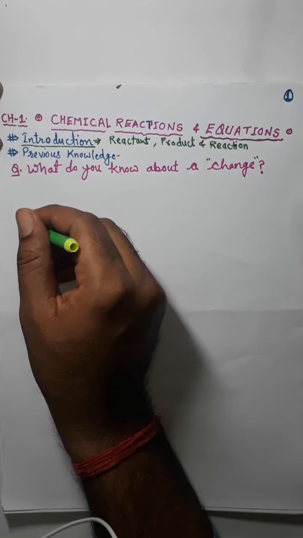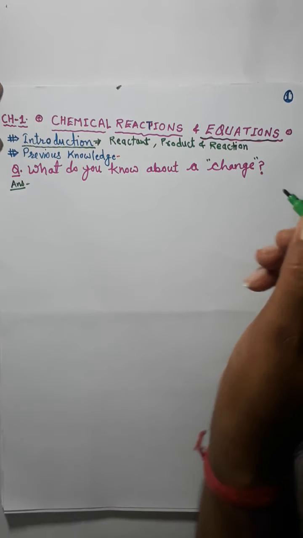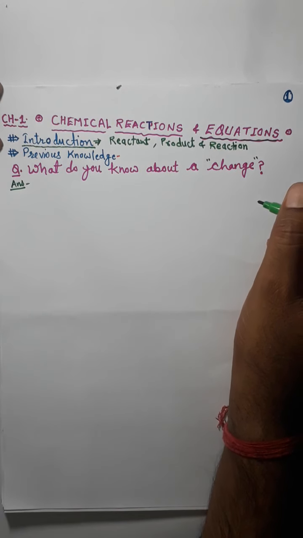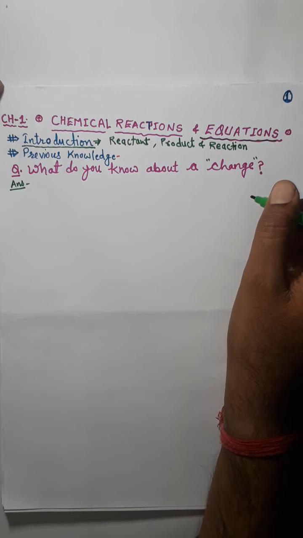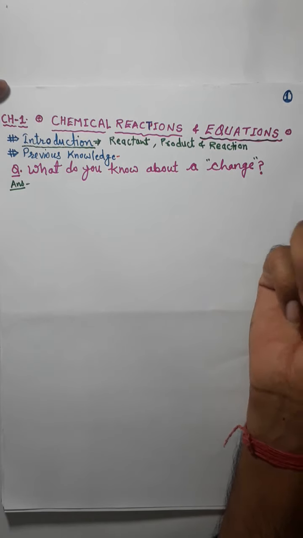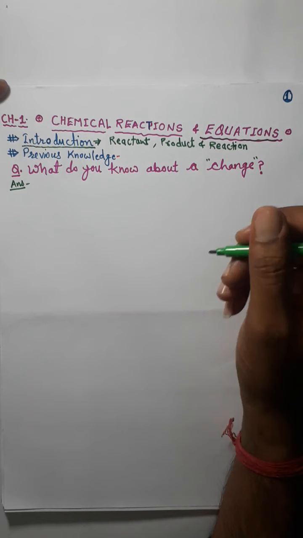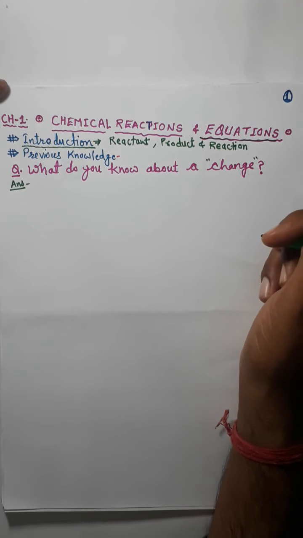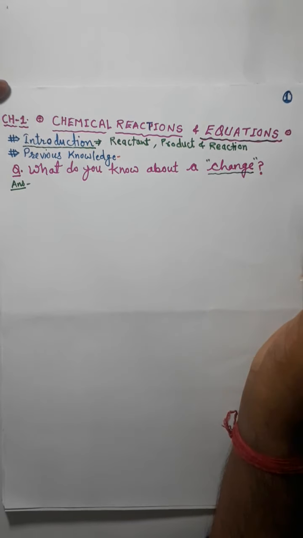One general example: suppose you are meeting your friend after a very long gap, that may be 1 month, 1 year, 2 years, or say 10 years. Then sometimes you suddenly say, oh, there is a great change in you. So what is the meaning of that word, great change? Today we are going to discuss that similar word, change.